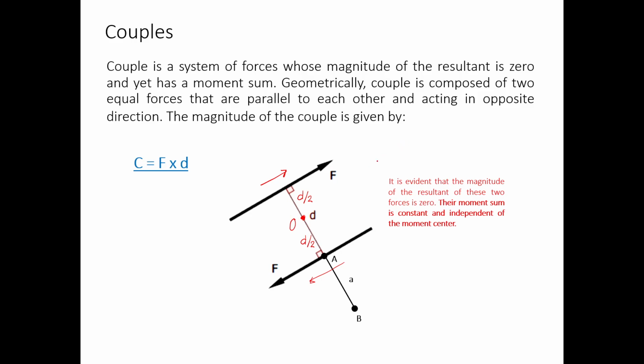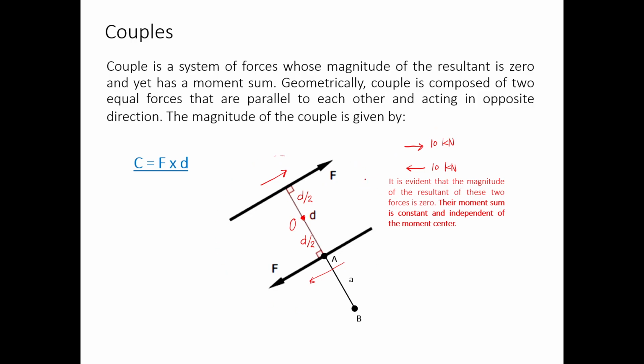For example, if it's not in the diagonal aspect, say this one is in horizontal orientation, you have a 10 kilonewton force going to the right, then a 10 kilonewton force going to the left. So if we sum up forces horizontally, the resultant of these two forces is 0, diba? So this one is just a diagram.